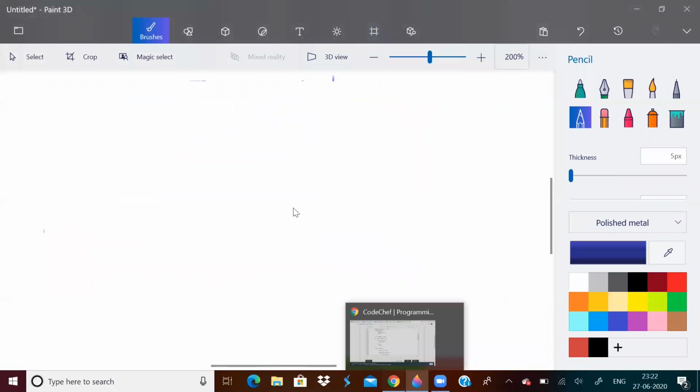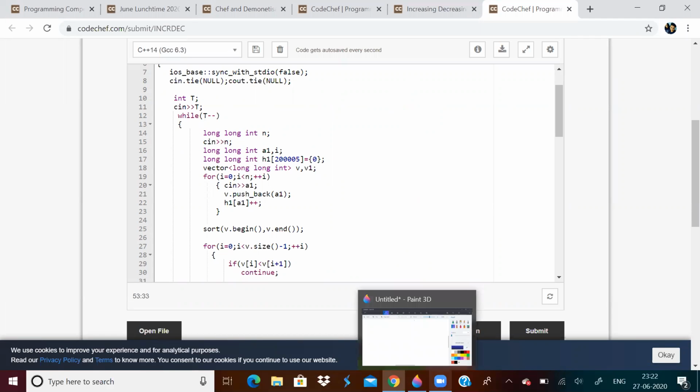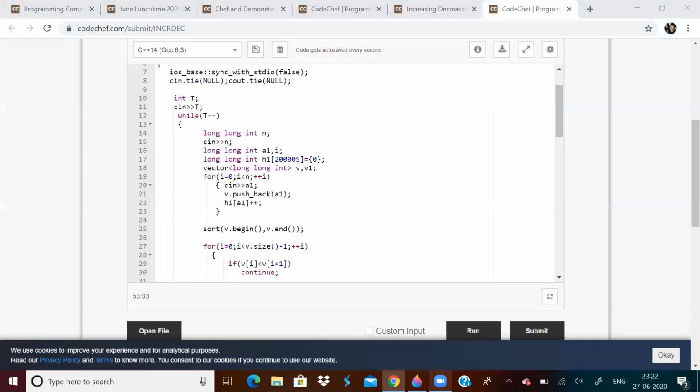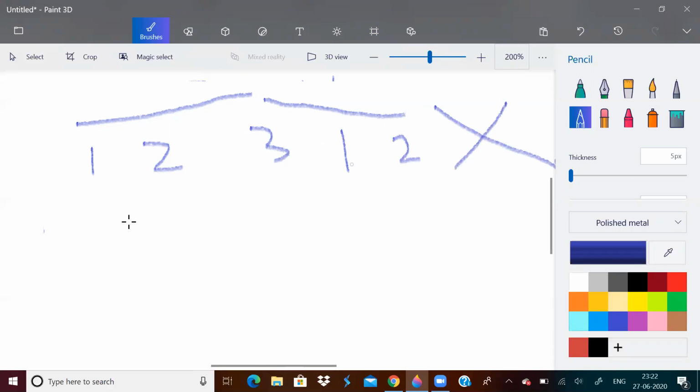Here I use the concept of hashing. Basically, how will you make an increasing decreasing sequence? You will make an increasing decreasing sequence like this only: 1, 2, 3. It has increased. Now it will decrease. Let us assume it will decrease. How can it decrease? Can I put 1 and 2 here? No, this is wrong.